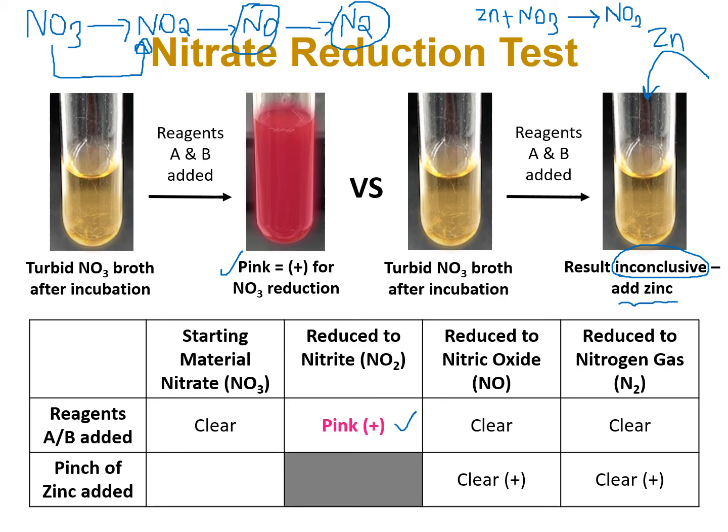So, as I said, zinc is basically like a catalyst, so it's going to help catalyze the reduction of nitrate to nitrite. So if you add zinc and you get a pink color, that would be negative.